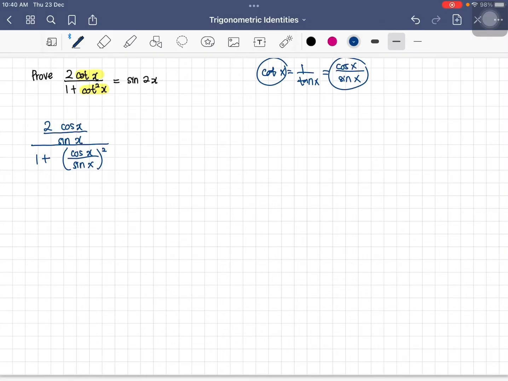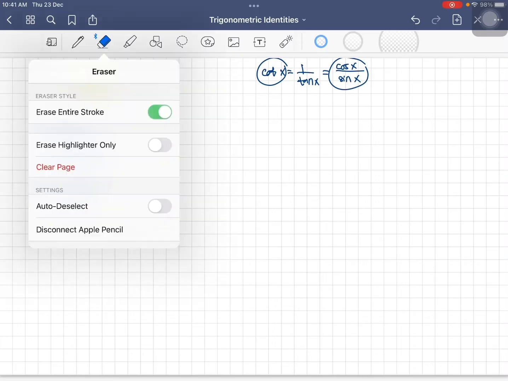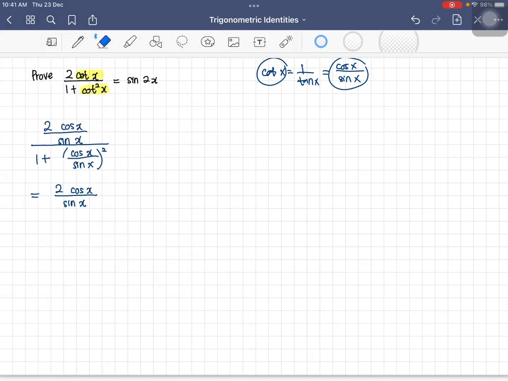Let's do the numerator first. We'll have 2 cos x over sine of x. Now for the denominator, if we expand this square, we will have cos square of x and sine square of x.